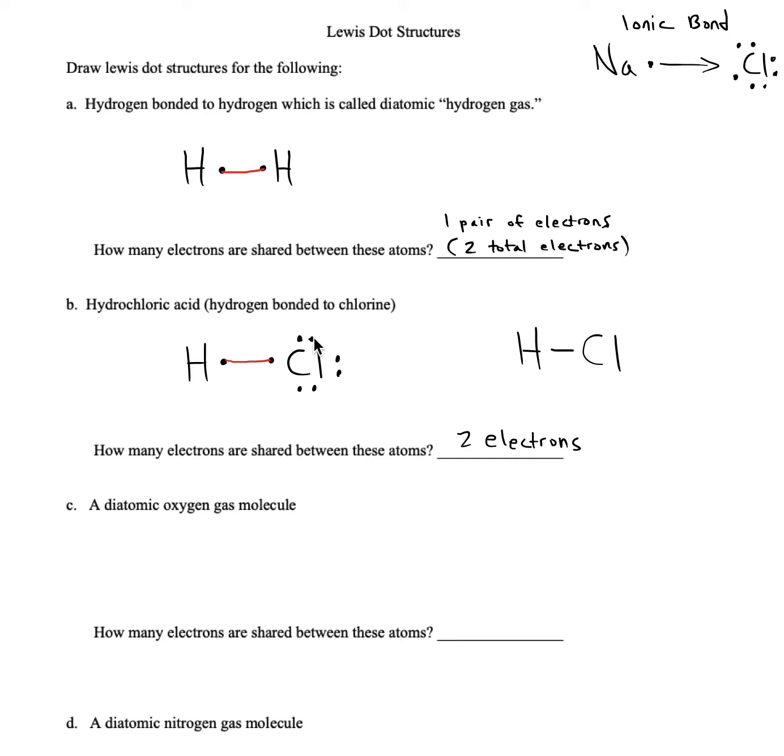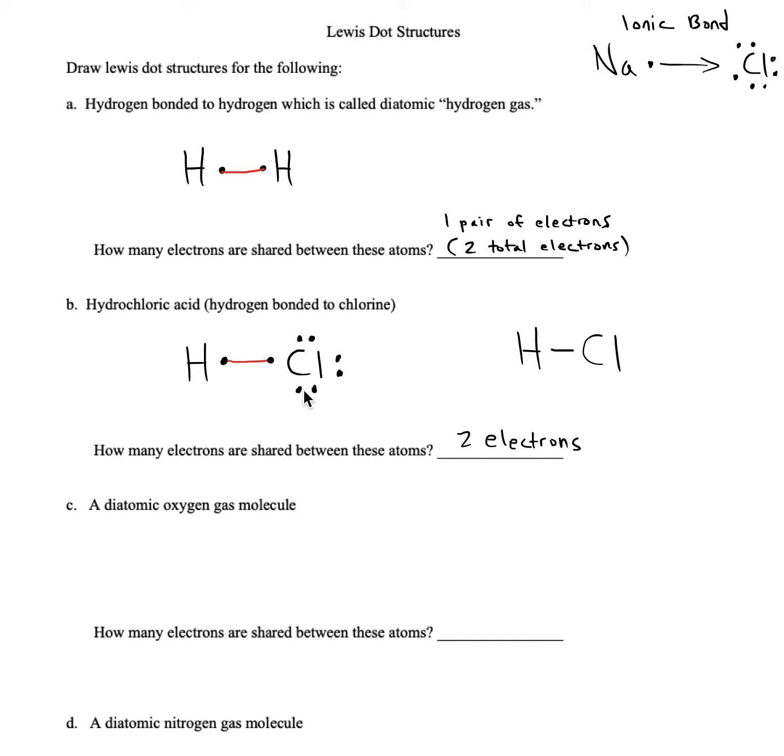Okay, that's 1, 2, 3, 4, 5, 6, and then the single bond here accounts for 2 more. That makes 7 and 8. So chlorine is in contact with 8 electrons, and that's what it wants to fulfill the octet rule.